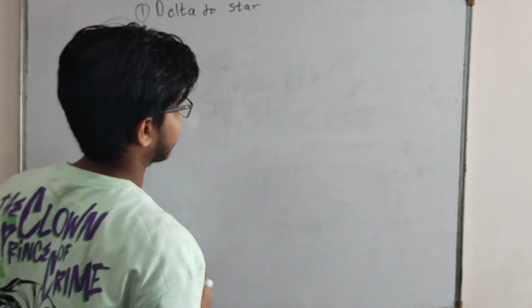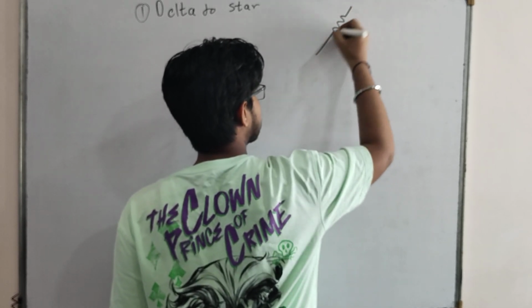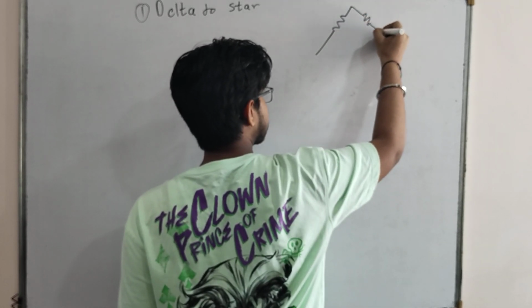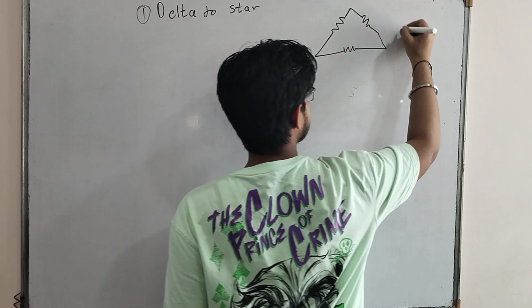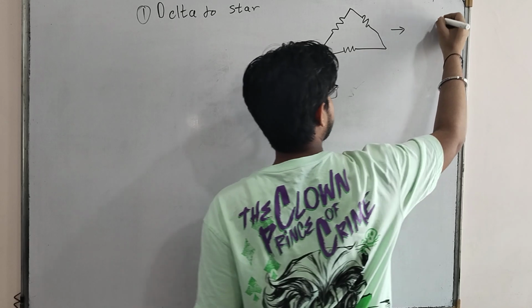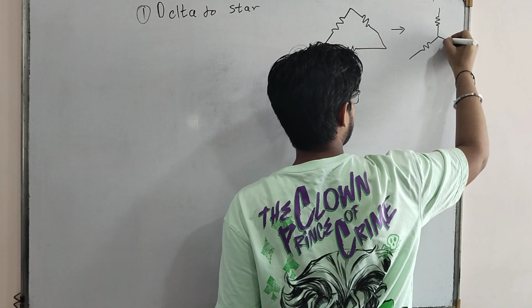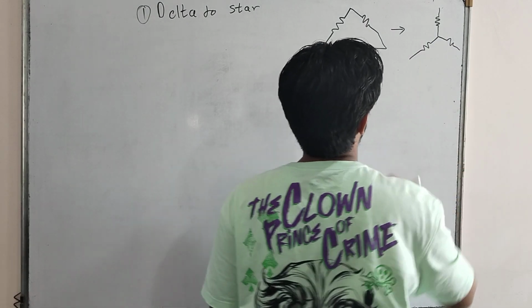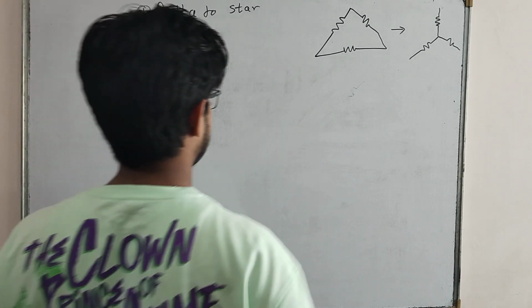So let us draw a diagram of our circuit. There is a delta connection and there is a star connection in my diagram. Let us name it.